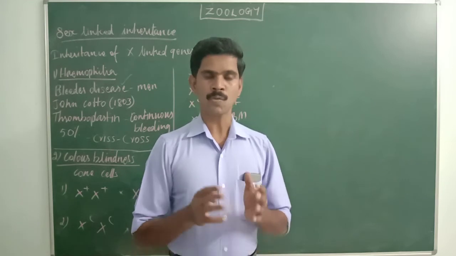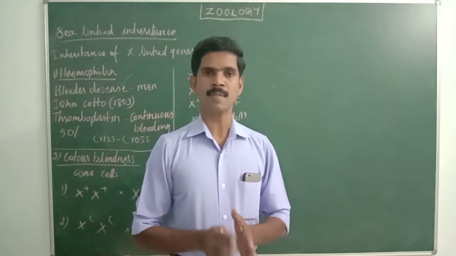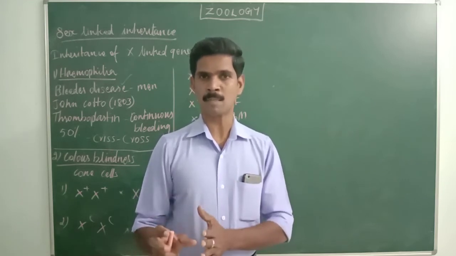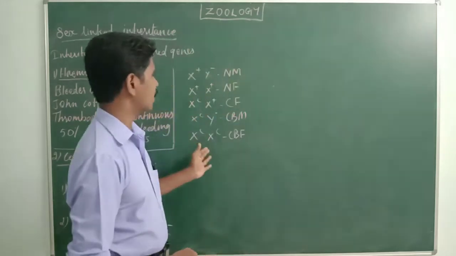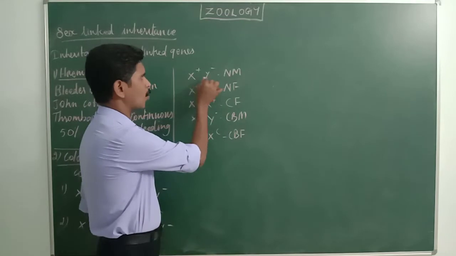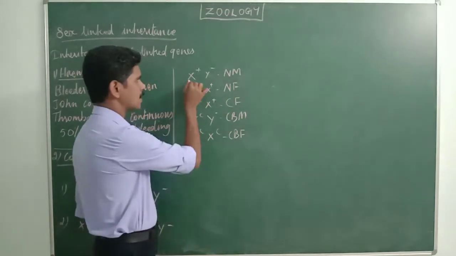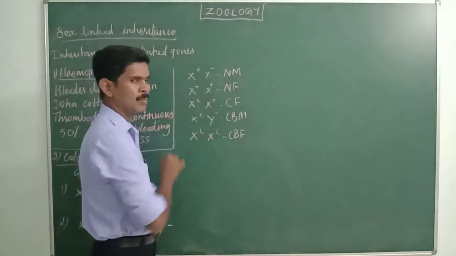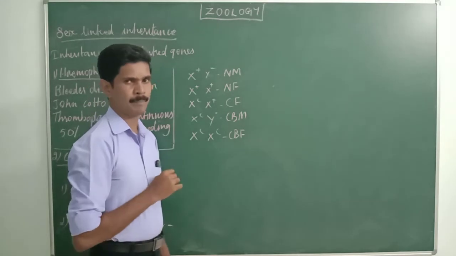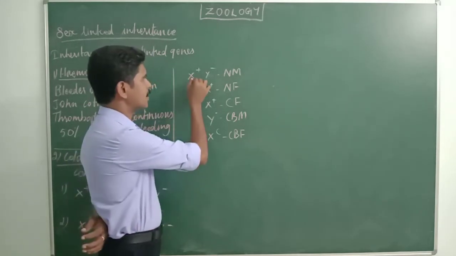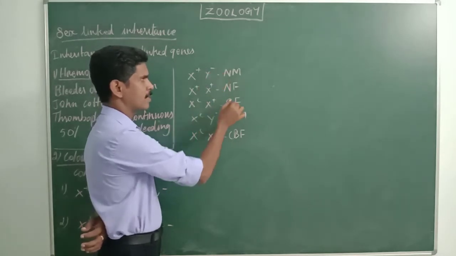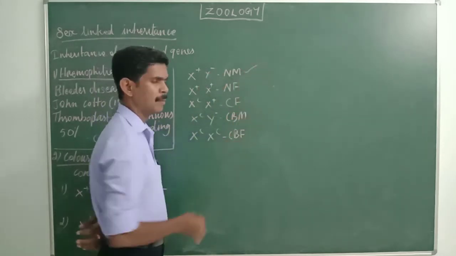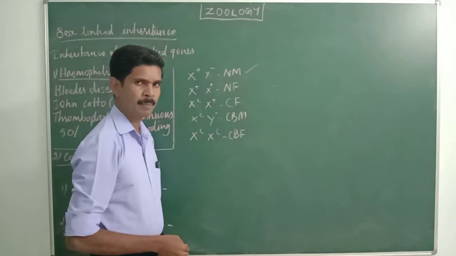You should understand what types of gametes are responsible for which types of persons. Look here: X and Y are the chromosomes present in the male. When the X chromosome is in plus condition and the Y chromosome is in minus condition, that person is a normal man.